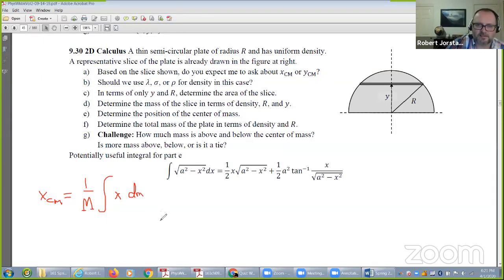In this case, I guess I just gave it away, we're going to end up doing y center of mass for this one. So it's going to be 1 over the total mass times the integral of y dm. And here's how I can tell right away. Look at this thing. In this equation, this is a tiny dimension.